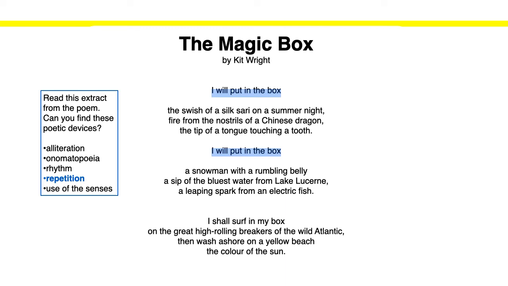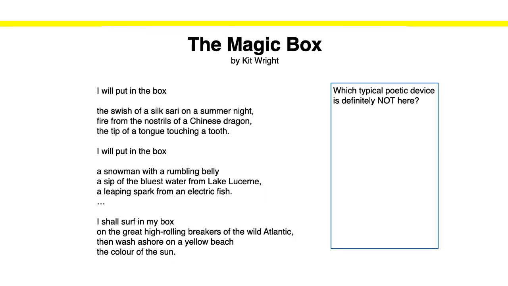Okay, finally, this is the poem. We've spotted lots of features, but which poetic device is not there? There is one poetic device which is definitely not included. Press play when you think you've noticed what it is.